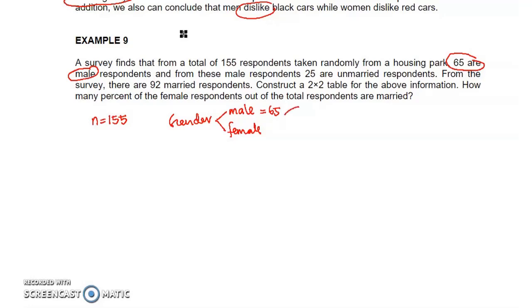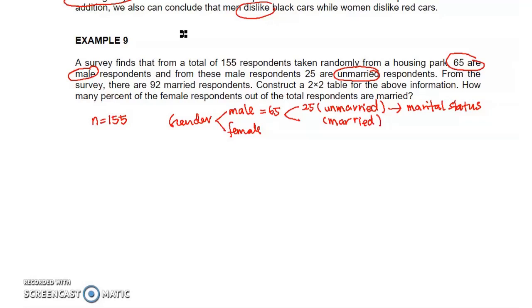So we have another variable here. Since unmarried, the variable will be marital status. If we have unmarried, later on we will have married. Male, female; unmarried, the pair is married.